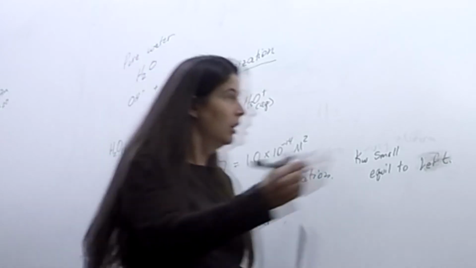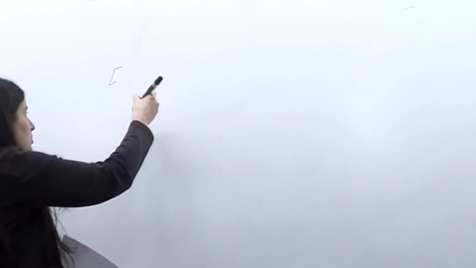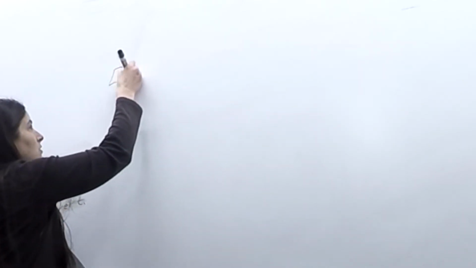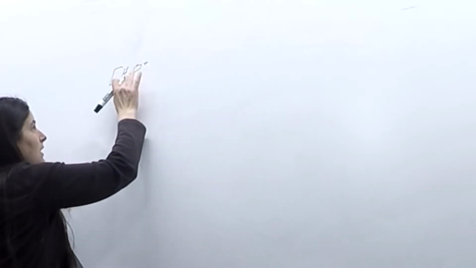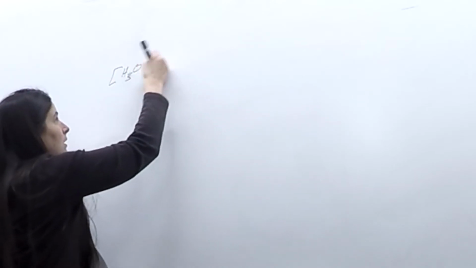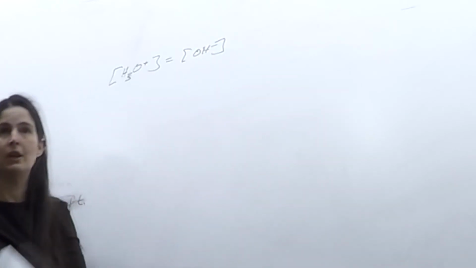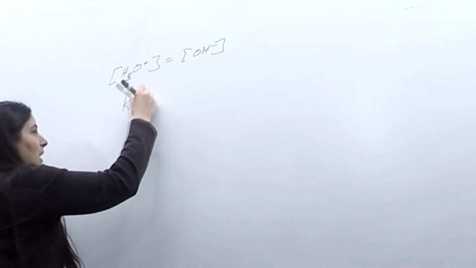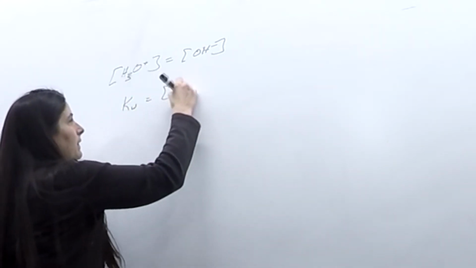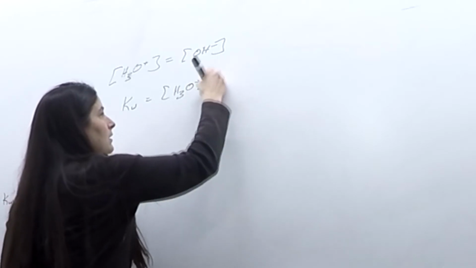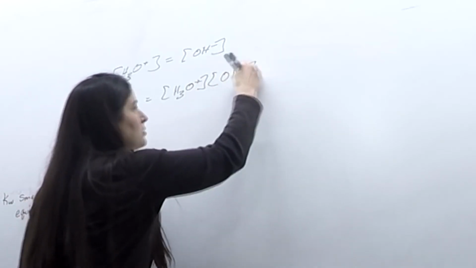So in the water dissociation, the concentration of the hydronium ion is equal to the concentration of the hydroxide ion, right? And the equation that we have for Kw is the product of those two.